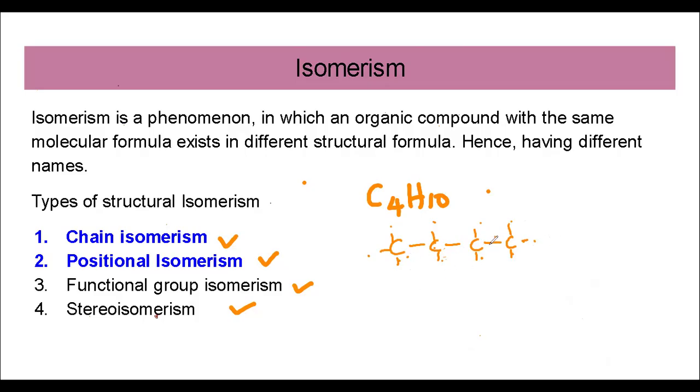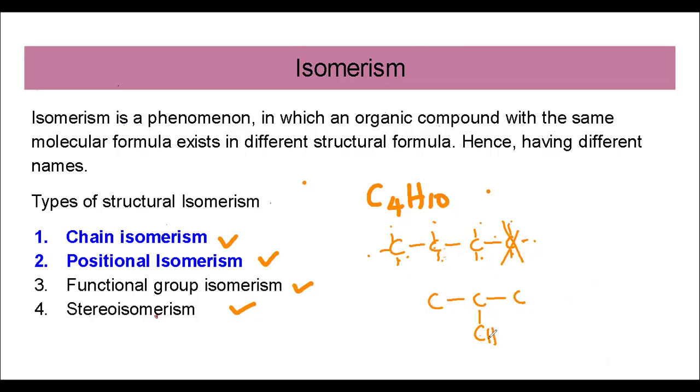Now I can break the first carbon atom away and then change the position. Break it away and make it a side chain in this compound. Reduce the number of direct carbon connections to 3, and then place the first one, this very one, down here.